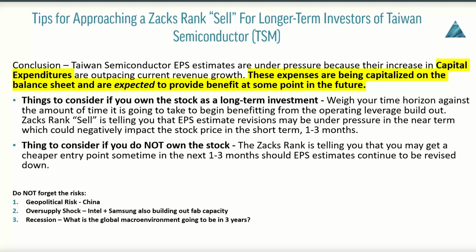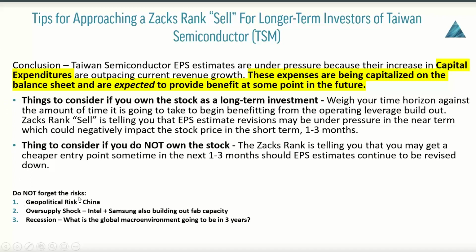Okay. So there are also things to consider if you currently do not own the stock, but perhaps you may be interested in acquiring or starting a position, right? The Zacks Rank is basically telling you that you might get a cheaper entry point at some time in the next 1 to 3 months should EPS estimates continue to be revised down, and that would make sense, okay?